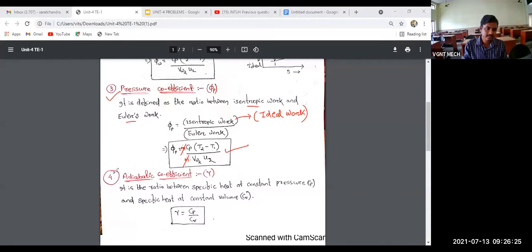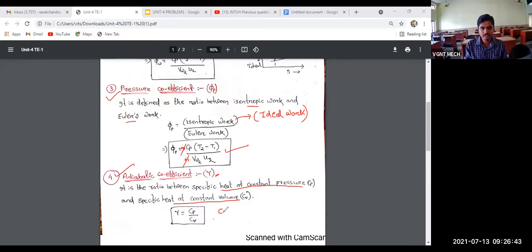Next one is adiabatic coefficient, indicated with gamma. This you already know. What is gamma? Cp by Cv. Cp is the specific heat at constant pressure, and Cv is specific heat at constant volume.